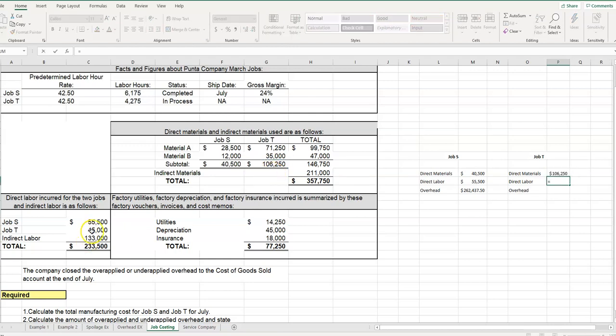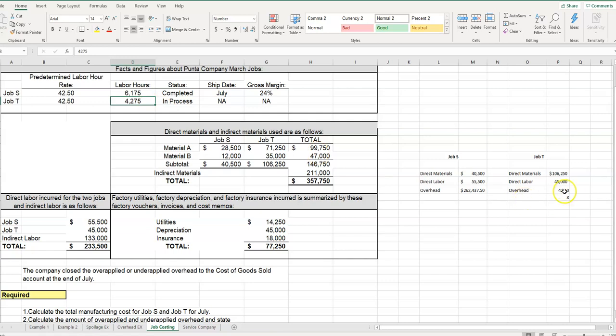We have direct labor of $45,000. And we have an overhead calculation of $42.50 times 4,275 hours.